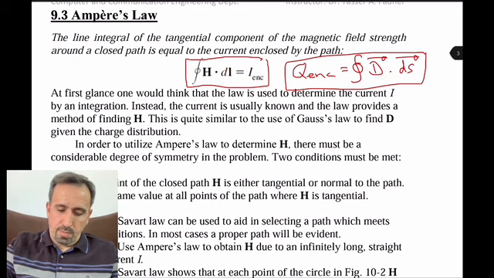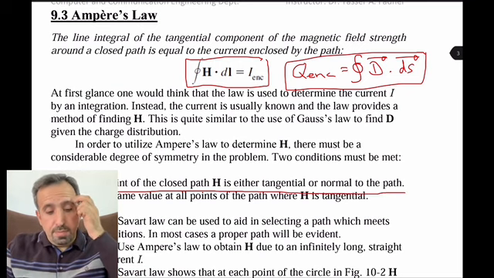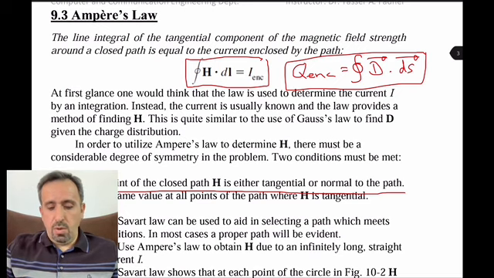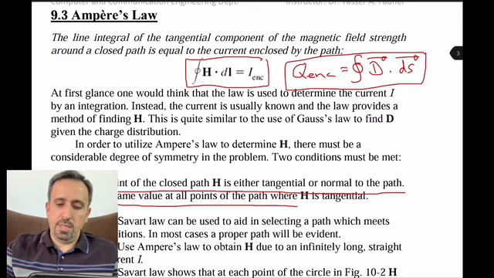Now the second one is that H has the same value at all points of the path where H is tangential. So this is important: H has the same value at all points of the path where H is tangential.